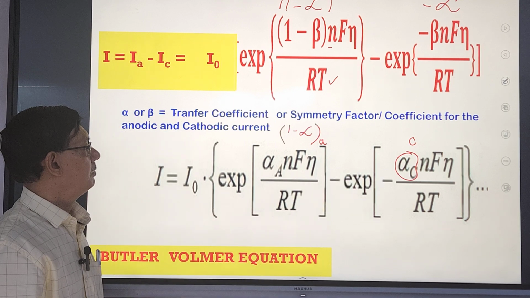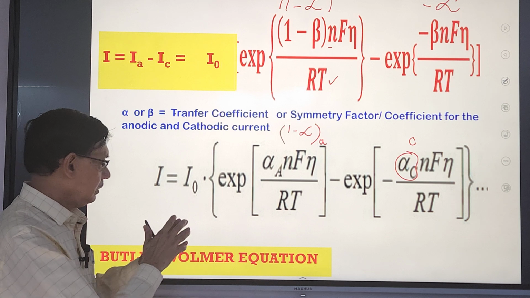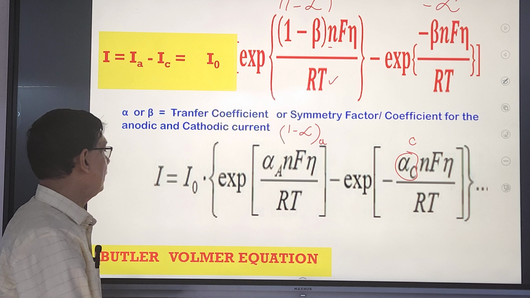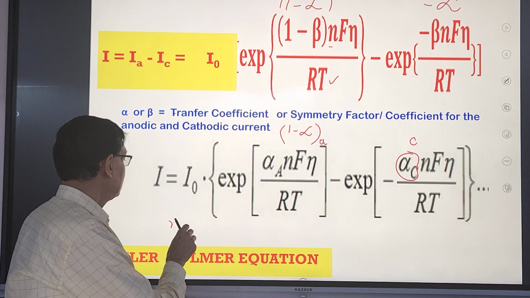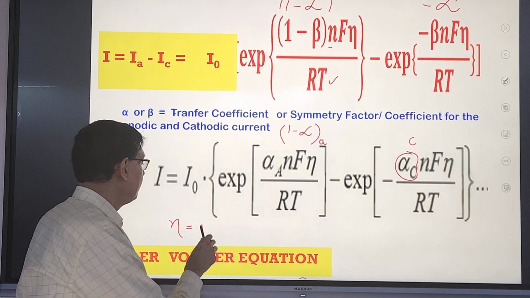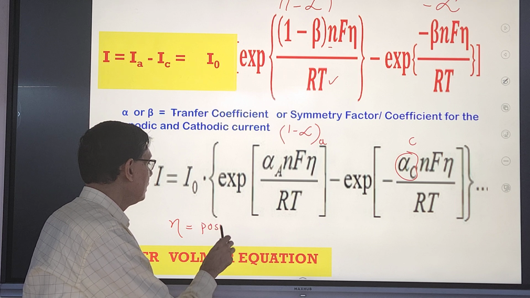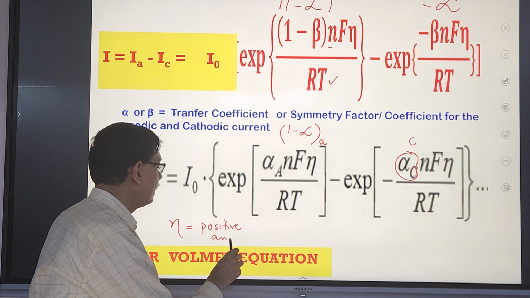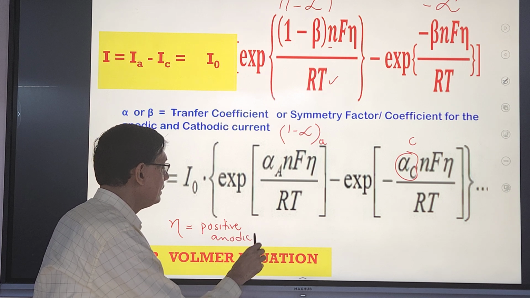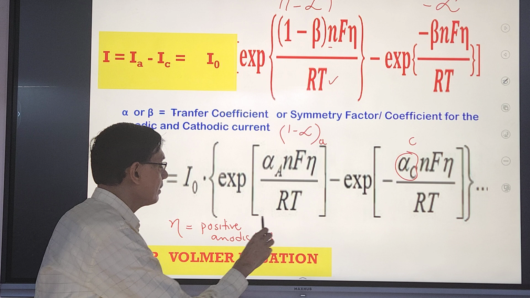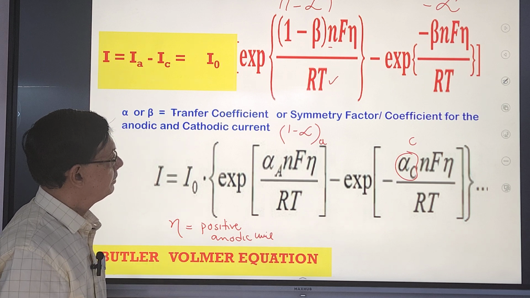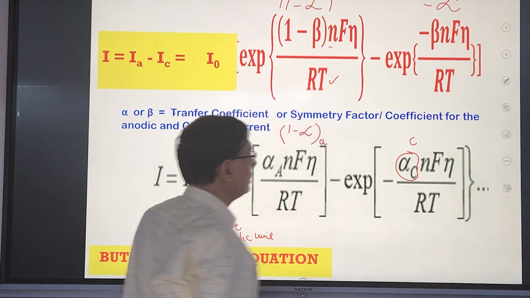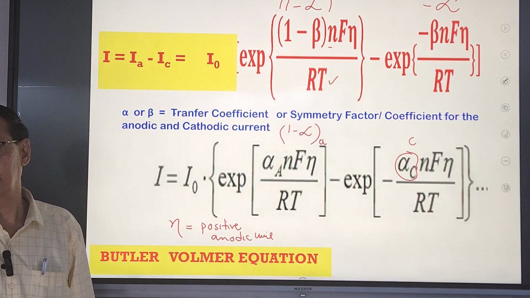And in some books, in the literature, they use that formula, and there will be two conditions. First condition is that if the value of eta is positive, oxidation dominates, so the anodic current density plays a significant role. That right hand side part can be eliminated.